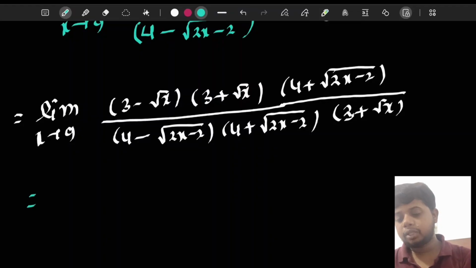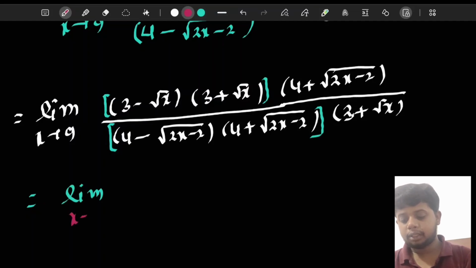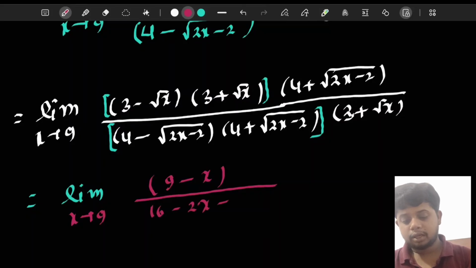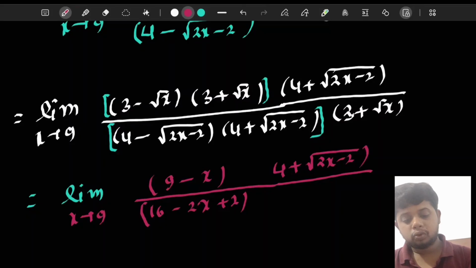Let's do the rationalization of this part and of this part. So we'll get limit x tending to 9, 9 minus x by 16 minus 2x plus 2, and here I'm getting 4 plus under root of 2x minus 2, and 3 plus root x.